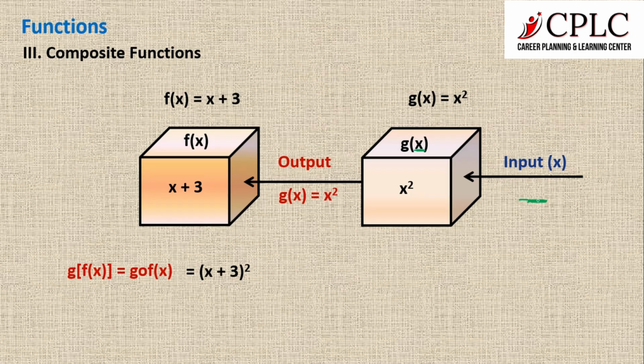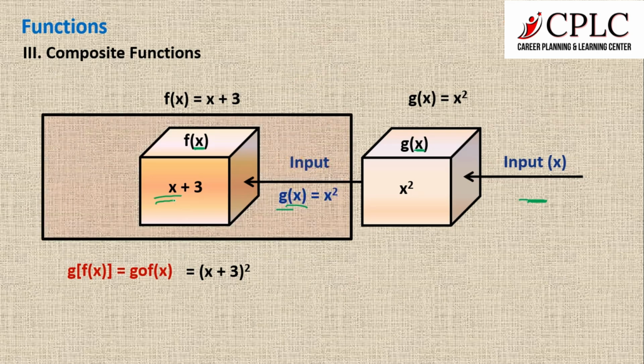So f of x has a job of doing x plus 3, but instead of f of x's x, we have to now replace this x by g of x. So you will get the output as f of g of x, which can also be called f o g of x. So both are one and the same thing again.